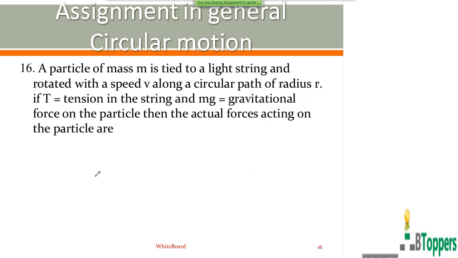So the actual forces acting on the particle, when the particle is tied to one end of a string and rotated in a circular path in the vertical plane, are its weight mg, or gravitational force, and tension force by the string on the particle, which always acts along the string and away from the particle.